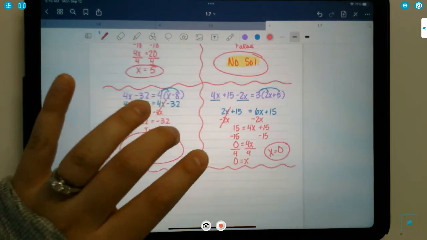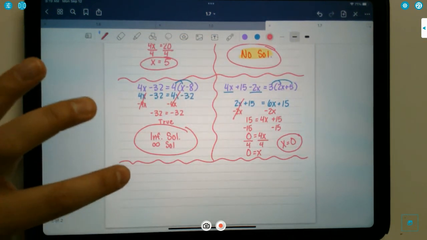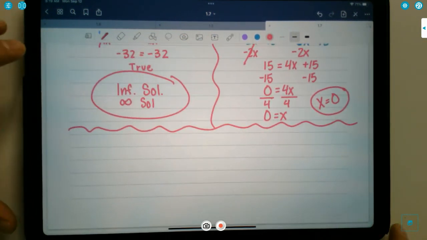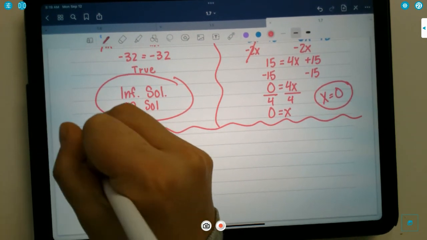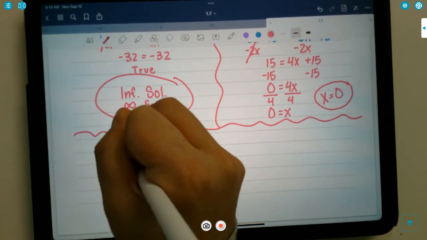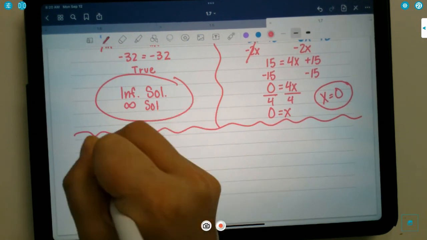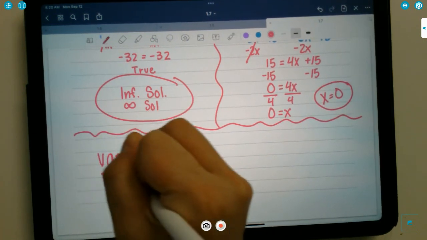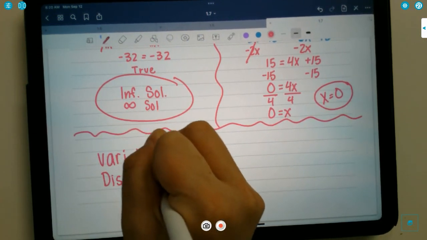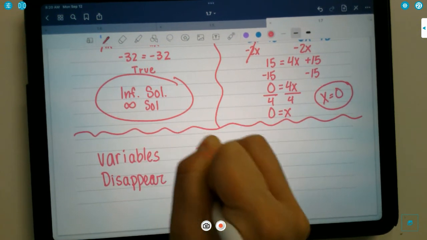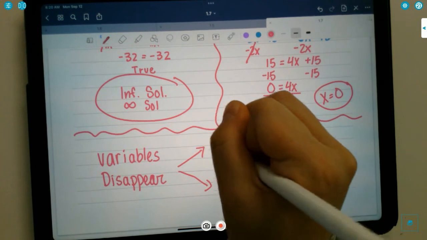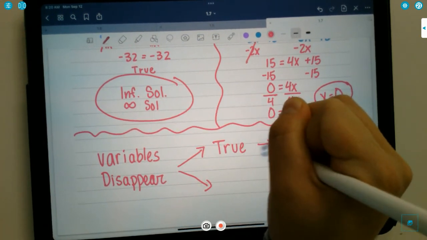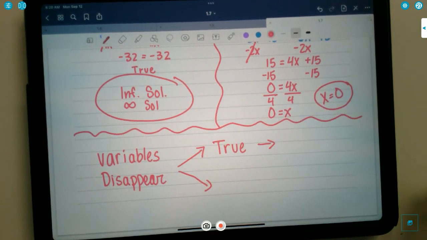Okay, down here at the bottom, I just want to write one little thing, and that is what happens if your variables disappear, to just kind of put it all in one spot. So if your variables disappear, you then look at your statement, and one of two things happens. If it's true, that means you have infinite solutions.